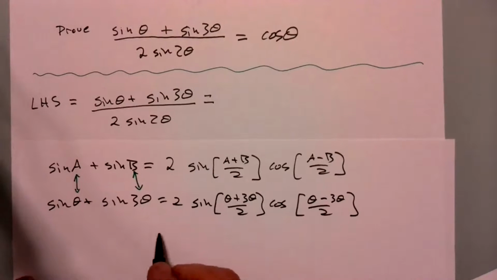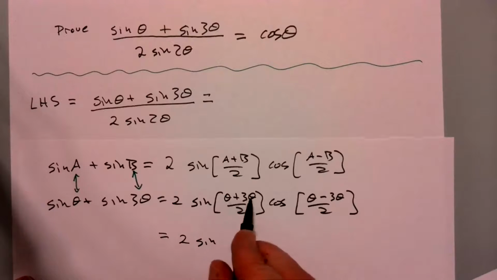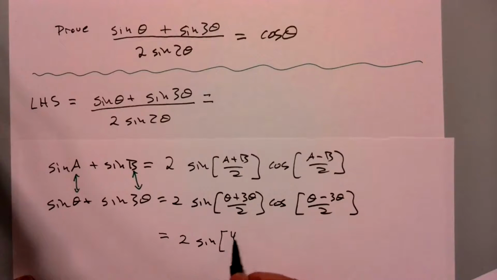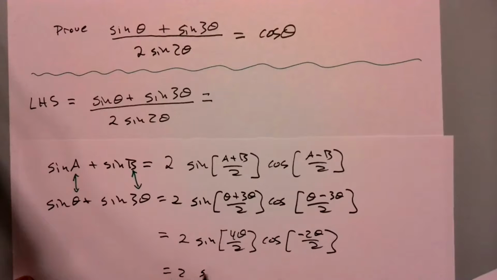Okay, let's keep going. What do we get here? This is 2 sine, theta plus 3 theta is 4 theta, theta minus 3 theta is negative 2 theta over 2.